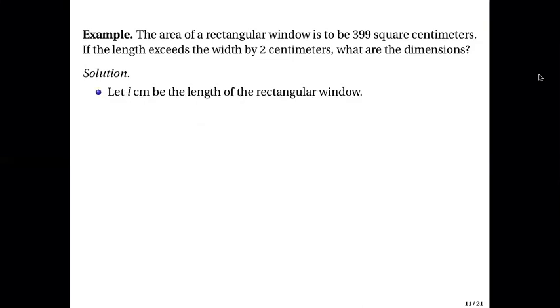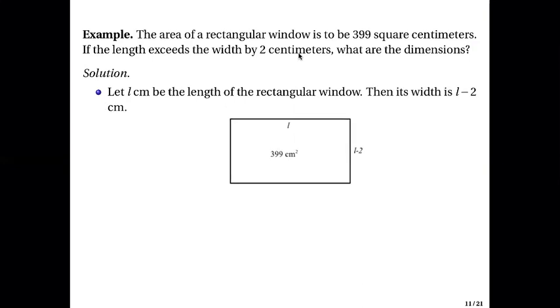Let us present the variables. So we want to find the dimensions, so we have to give variables to dimensions. So we let L centimeters be the length of the rectangular window. The length exceeds the width by 2 centimeters.